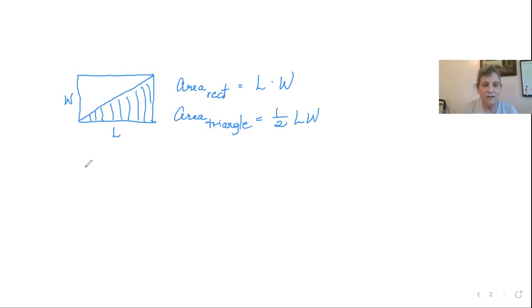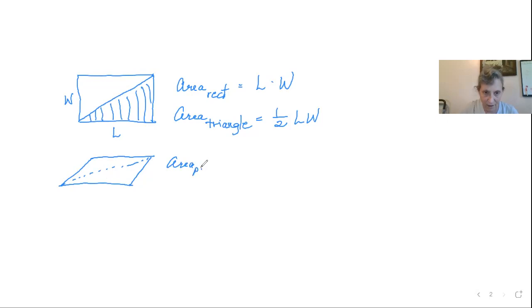If we look at a parallelogram, again, you can see that one of these triangles is half the area of the parallelogram.